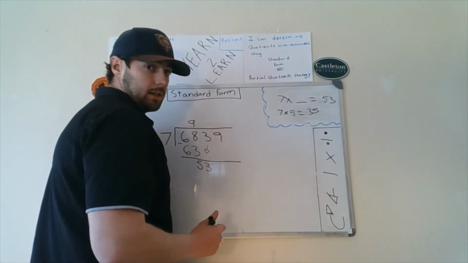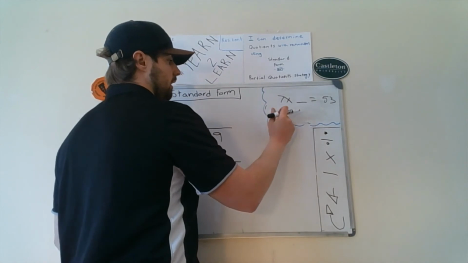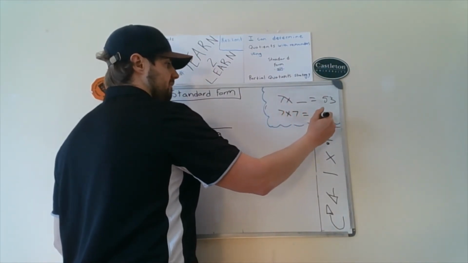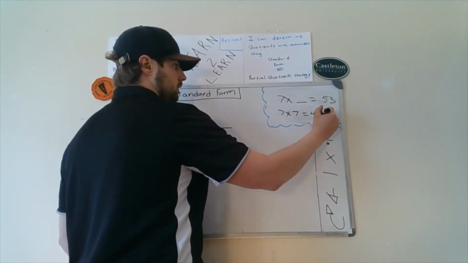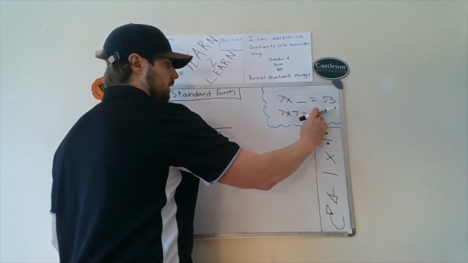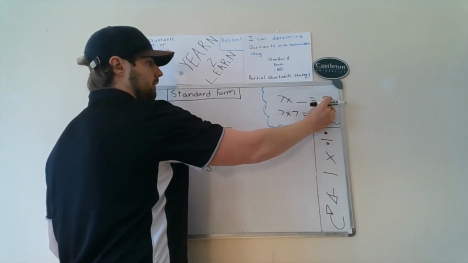So I'll use a strategy. I use a place value chart. I use that tape measure. I know that 7 times 7 can give me 49. That's awful close to 53.